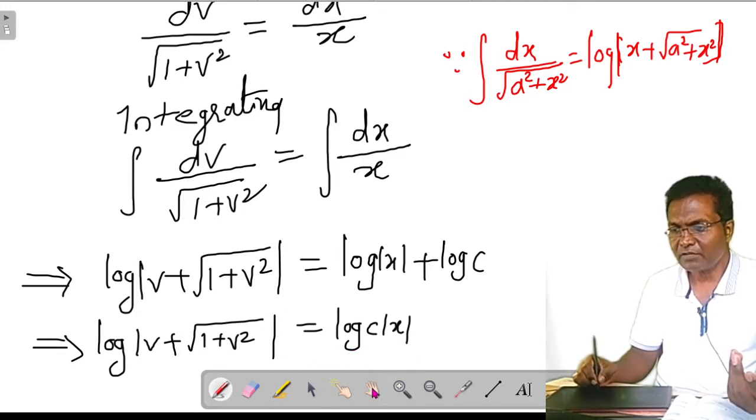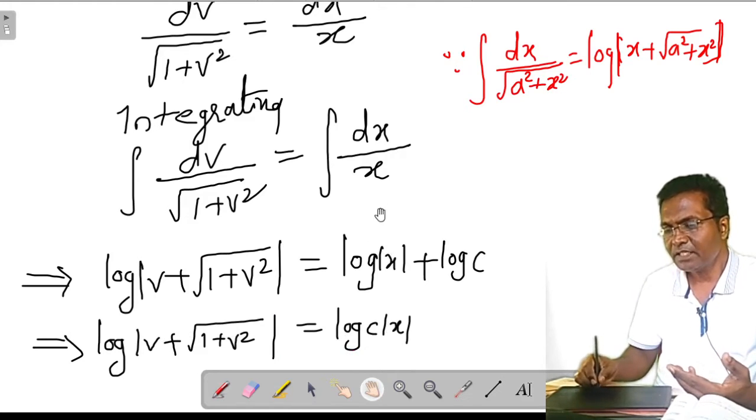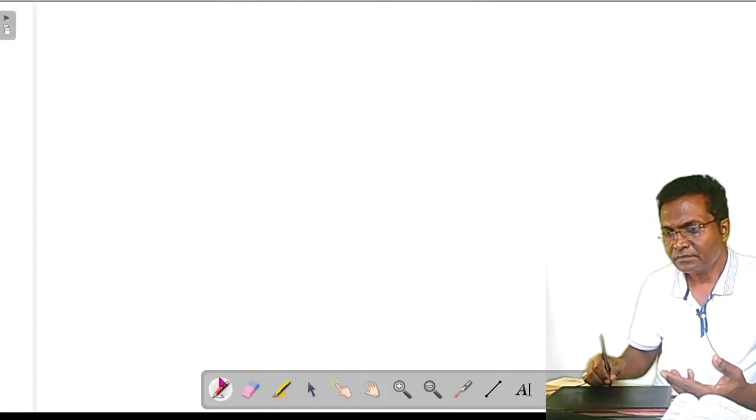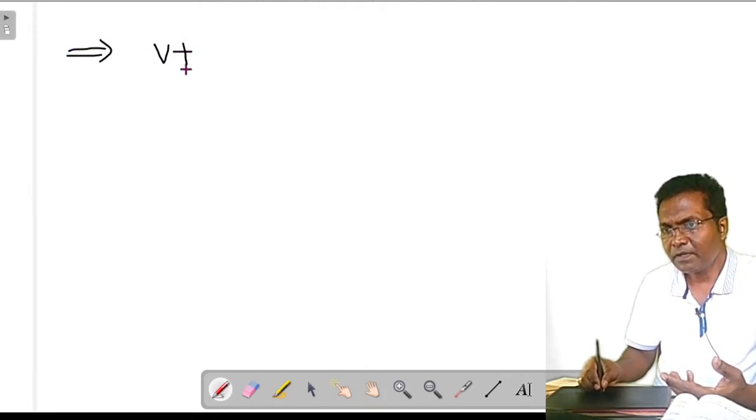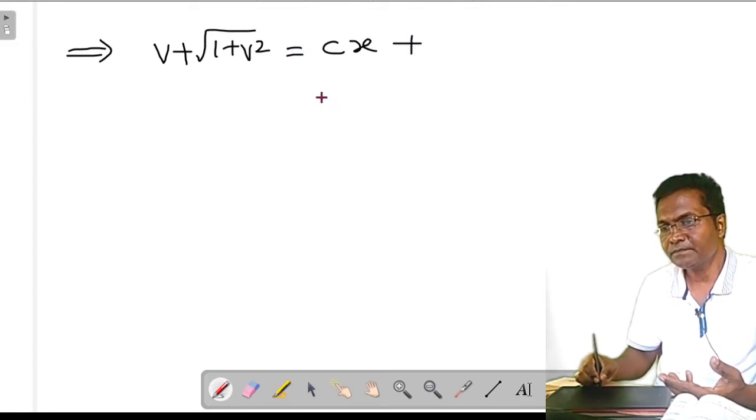So on both sides you can remove the log. So you will get v plus square root of 1 plus v squared is equal to c into x. This much you will get.